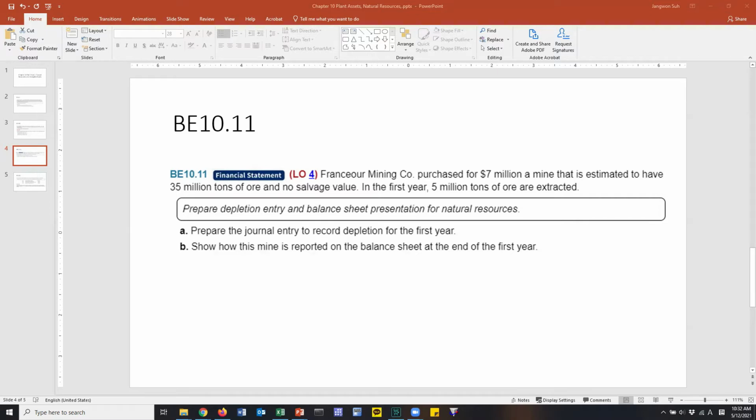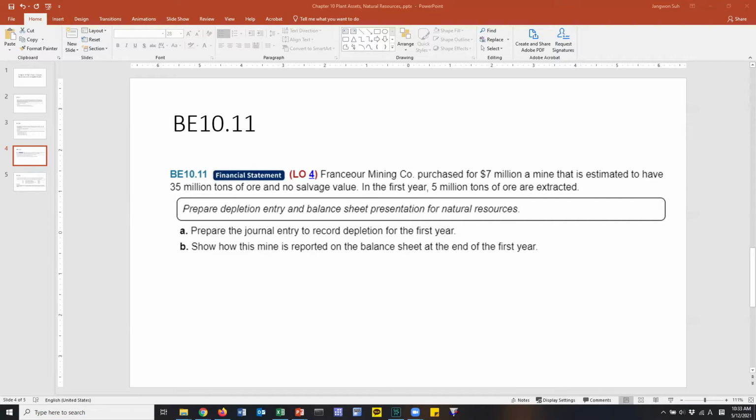And another thing is, as we depreciate PP&E, we sort of lose our value, right? So depreciation is an expense. But for natural resources, you can use a different approach. As your mine, for example, natural resources, mine depletes, what happens?